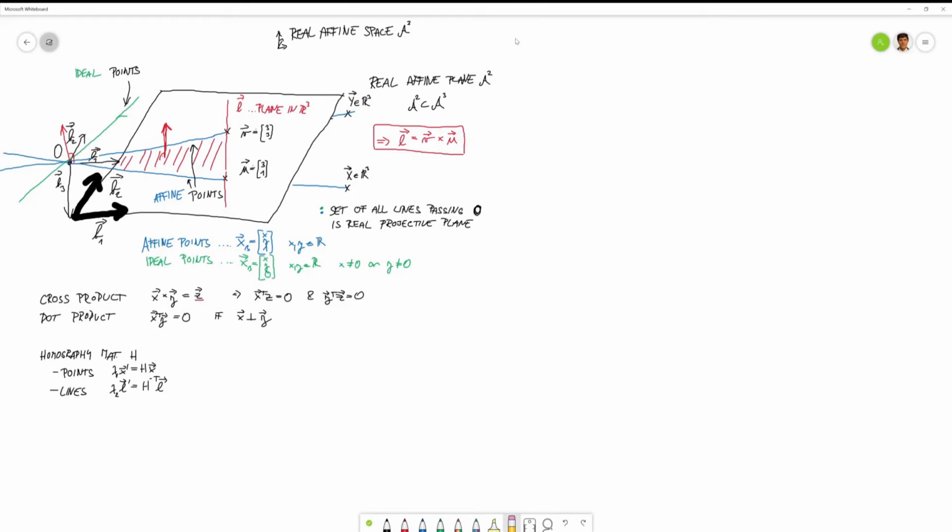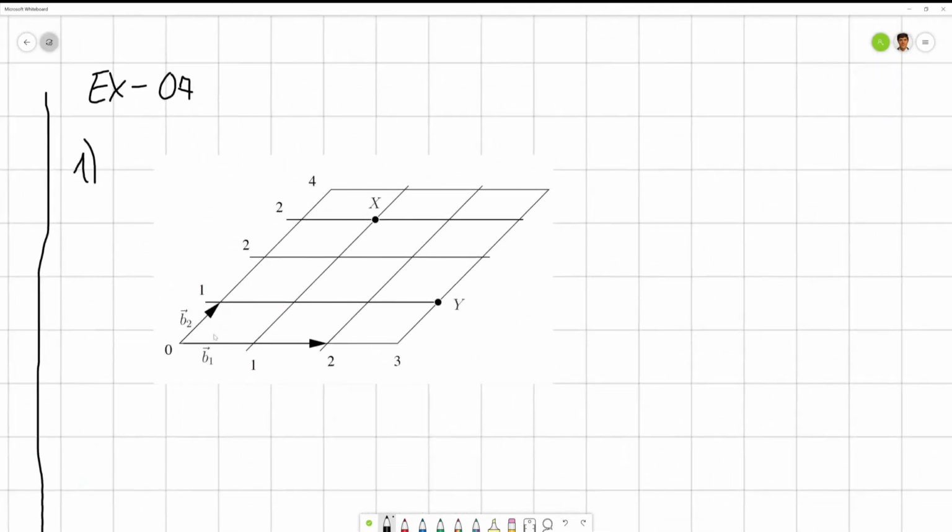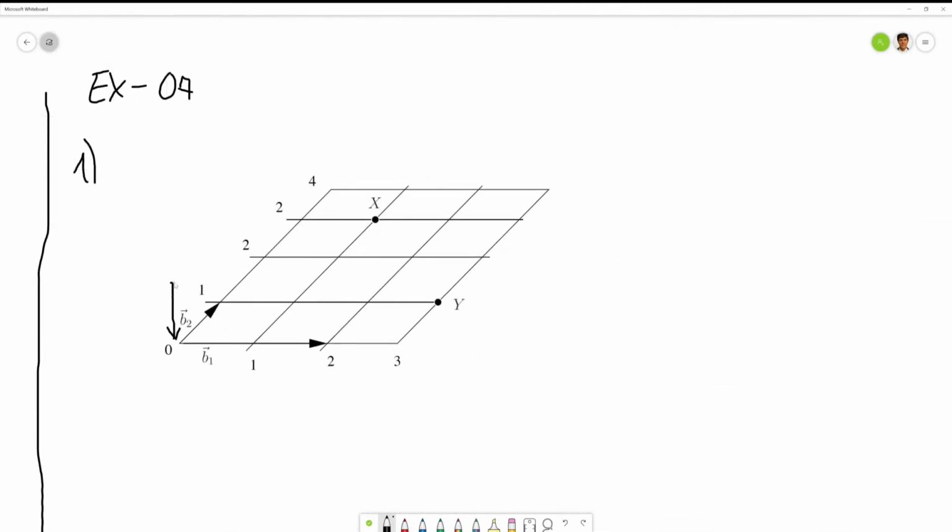Further, I write the relationship between affine and ideal points with respect to homomorphism mapping and the same relationship for lines. So to example number 1 from our exercises. We should find a representation of x and y.